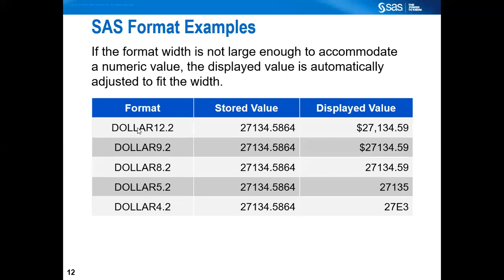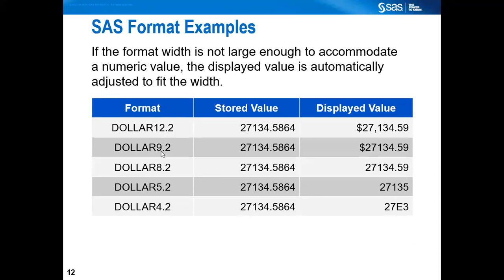So including the dollar sign, comma sign, and two decimal places, it's adjusting the value with the given width.